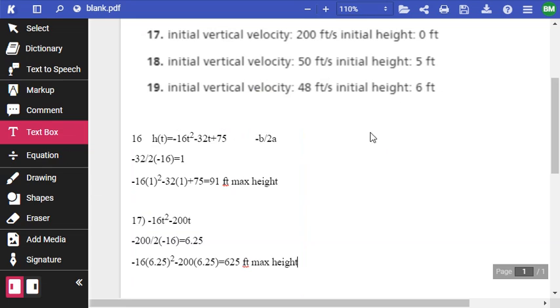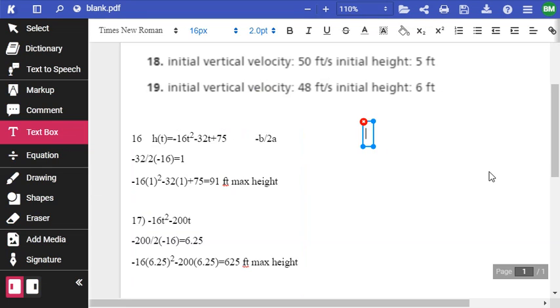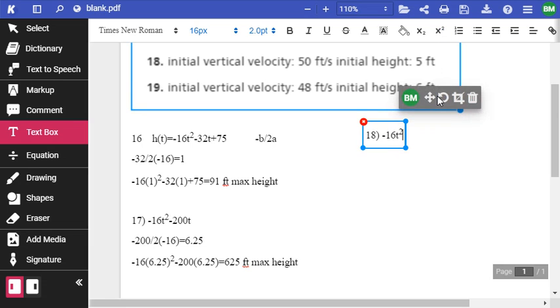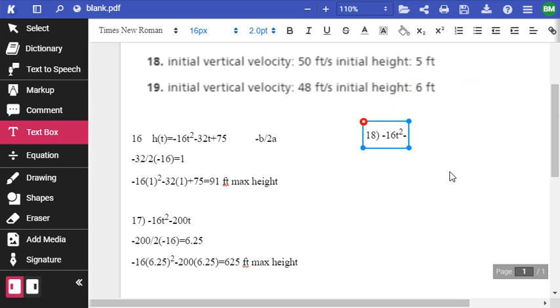Okay, so I'm going to go over here and I'm going to do number 18. Same thing, okay, for all of these. I'm going to put it into that equation where I use negative 16t squared minus 50 is my initial velocity right there, so 50t, plus my initial height, which is 5.